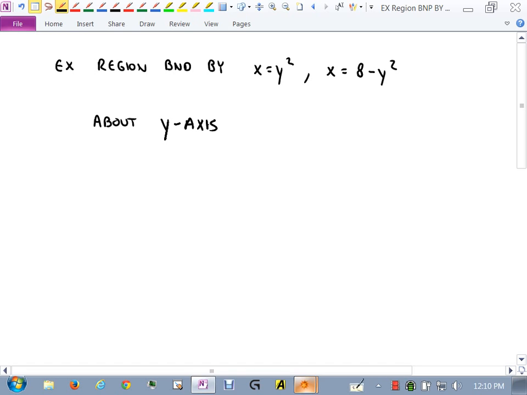So I'm cutting out some of the wording here because I don't have time to write it. We want to take that region and rotate around the y-axis.